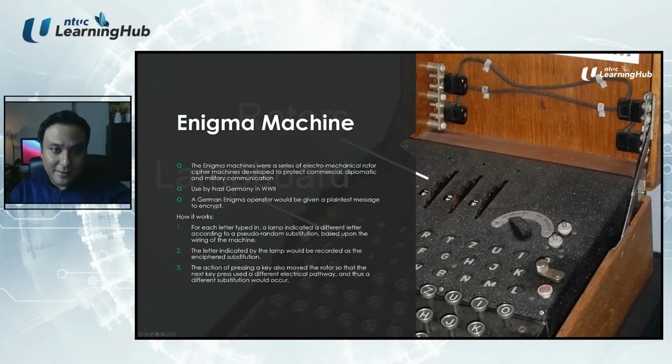With the receiver. Both the sender and the receiver must have the same settings. Then this will work. So if you are the Allied forces and you want to unscramble the message, you have to figure out what is the correct setting in order to unscramble this. And it's not so easy back then. The reason is that there's a lot of combinations and they don't have computers back then.